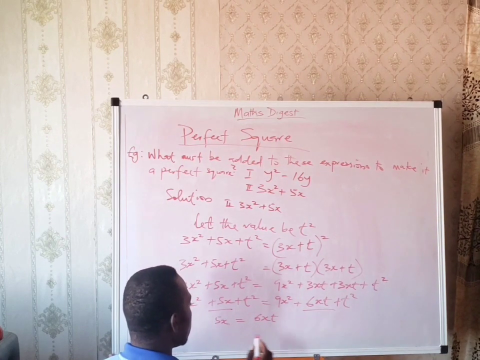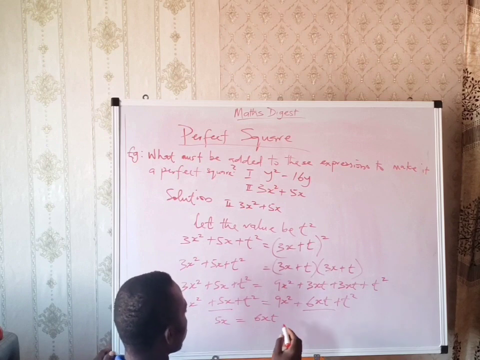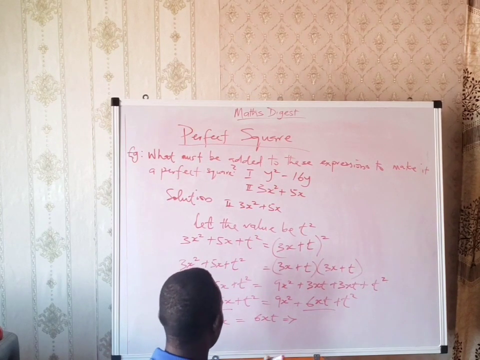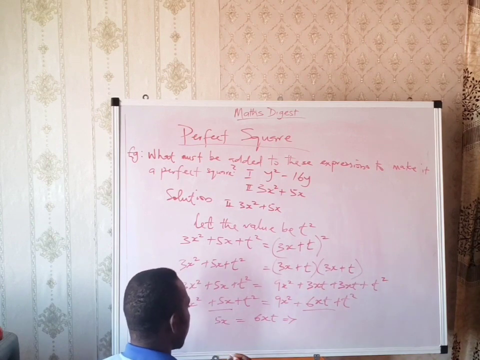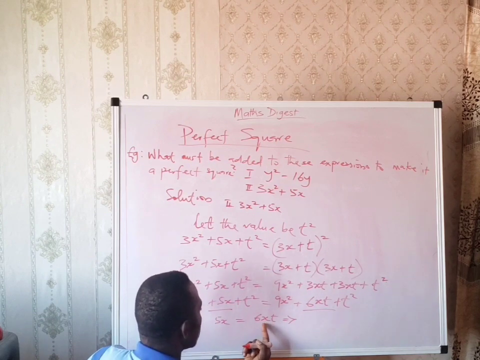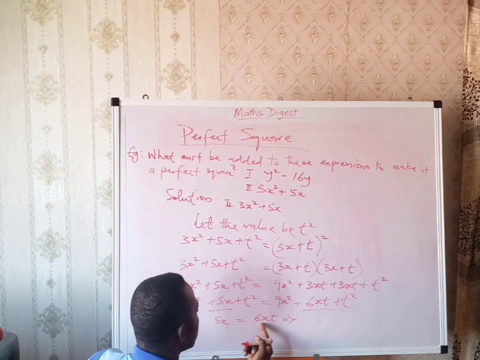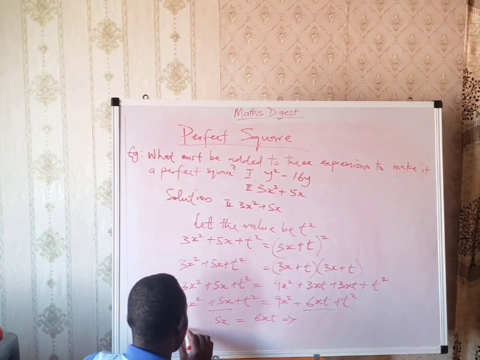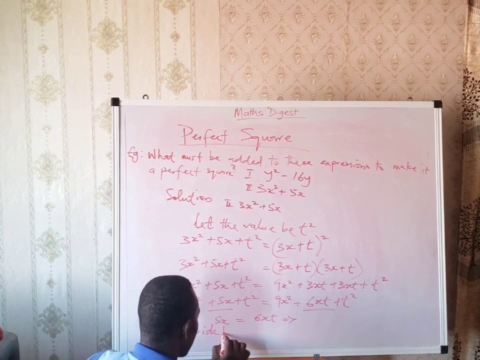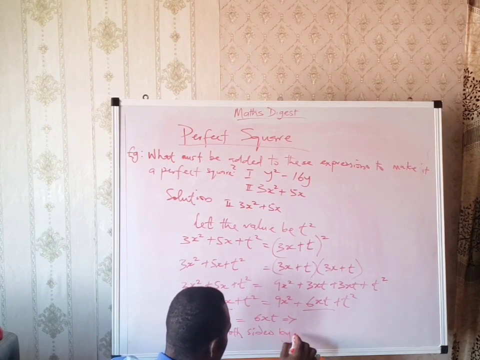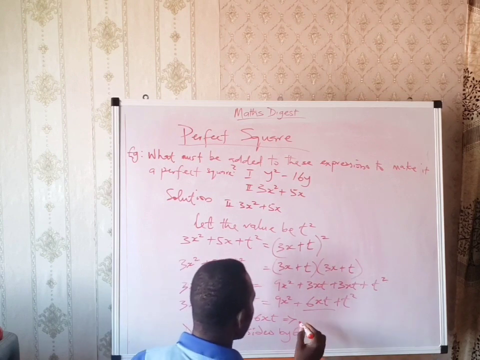Now with this we say further, we divide both sides by what? Because we are trying to eliminate this 6x, we divide both sides by 6x.